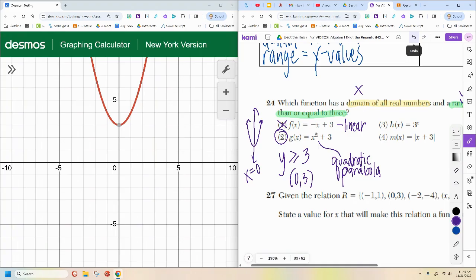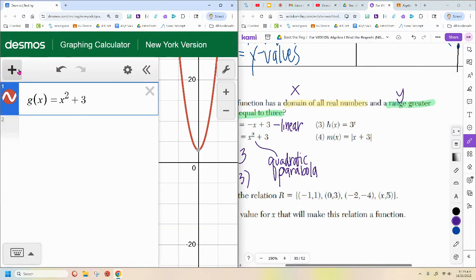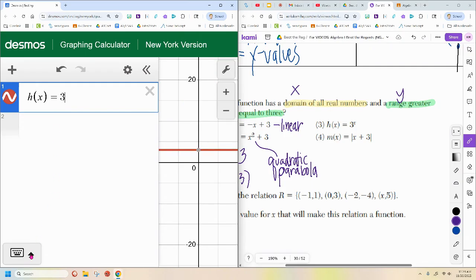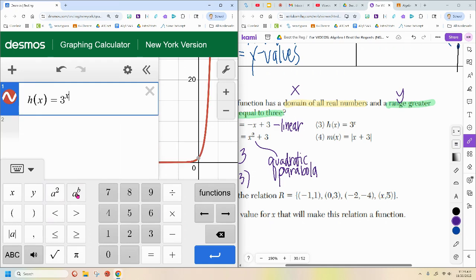Let's look at the other two for the sake of seeing two additional types of functions. The next one is h of x, and we have 3 to the power of x. So I'm going to need to go to my keyboard down here, not a squared, I want this one right here, and I'm going to put an x up here.